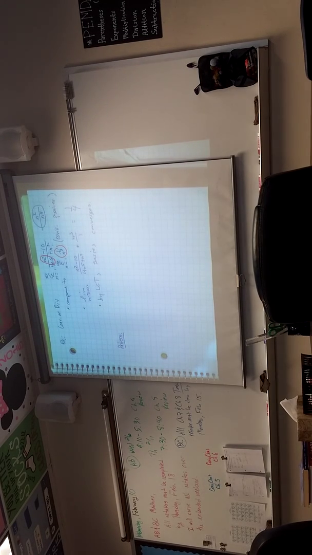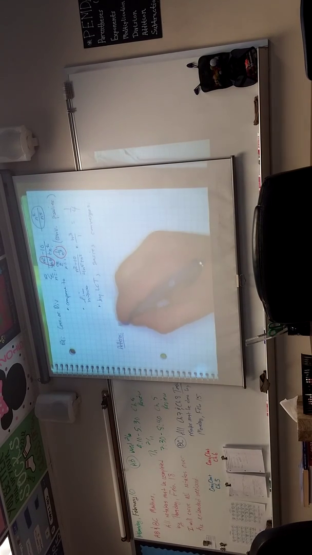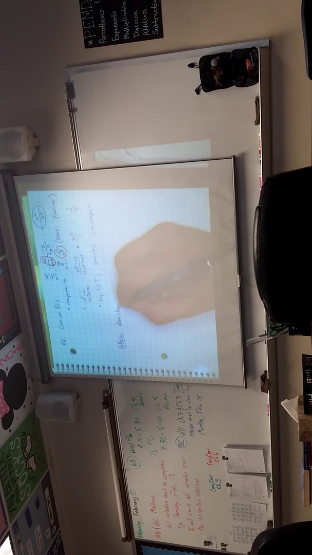Here's the pattern. When choosing a comparison series, remember that's what yesterday's lesson was about, the direct and the limit comparison tests.